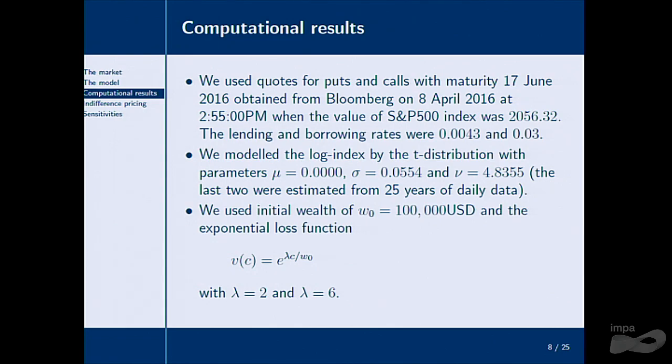And then we took the quotes from Bloomberg at one instant in time, on April the 8th, 2016, at 2:55 in the afternoon. At that instant, we downloaded all the hundreds of quotes, ask prices, bid prices, and the associated quantities available for all the traded instruments. We assumed different lending and borrowing rates. I can't remember where those came from. Again, those are things that would depend on the particular trader. We all would get different deals. But that's the data that we feed into the model and then solve it.